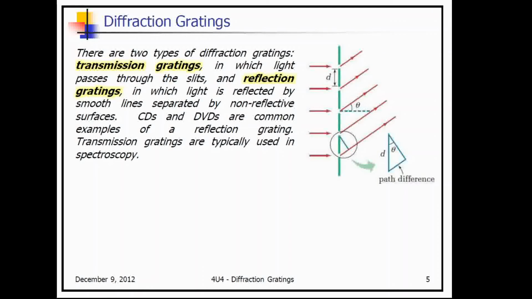We have two types of diffraction gratings. We have transmission gratings, where the light just passes through the slits, and reflection gratings, in which light is reflected by smooth lines separated by non-reflective surfaces. The ones you would have seen are the reflection gratings, like the CD, or an animal like a snake that has an iridescent look to it.